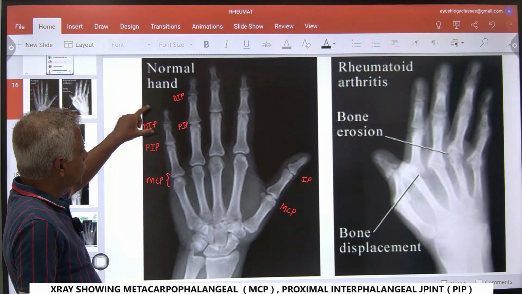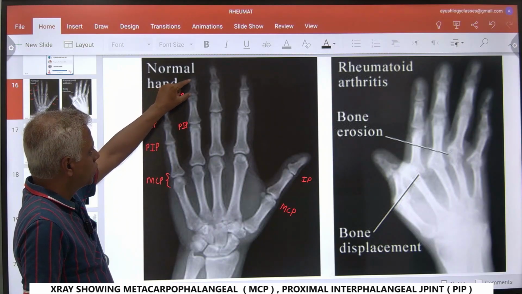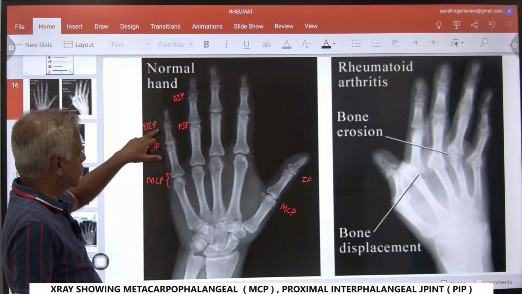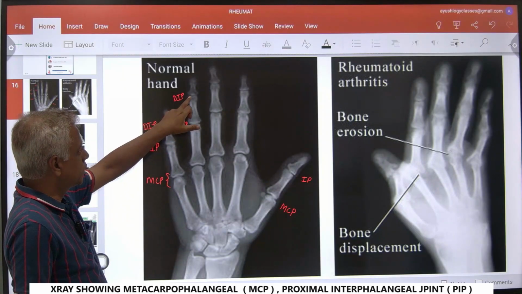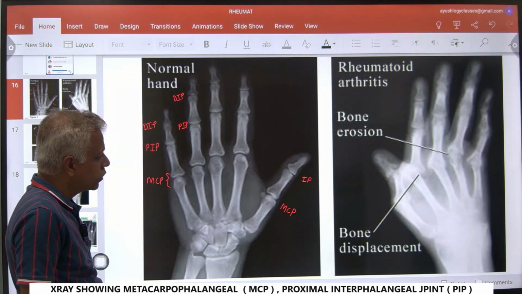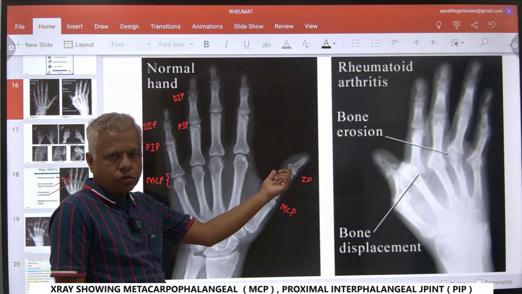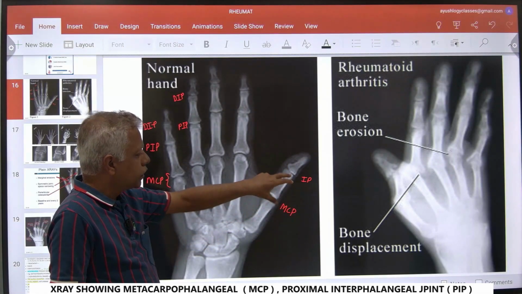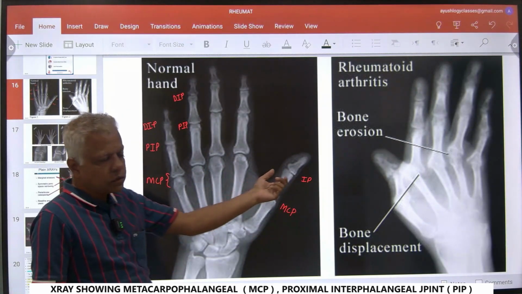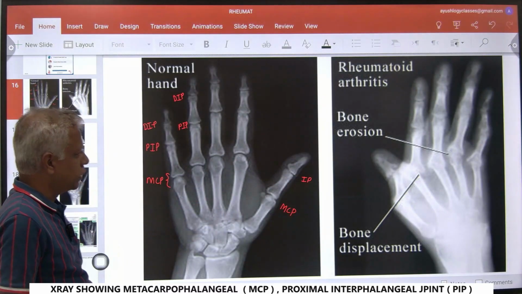And the joint between the second phalanx and the third phalanx we call the distal interphalangeal joint. So here we have a distal interphalangeal, here, here also and here also. In the thumb we have only 2 phalanges, and therefore only one joint, the interphalangeal joint. Okay. So here we have only the interphalangeal joint.